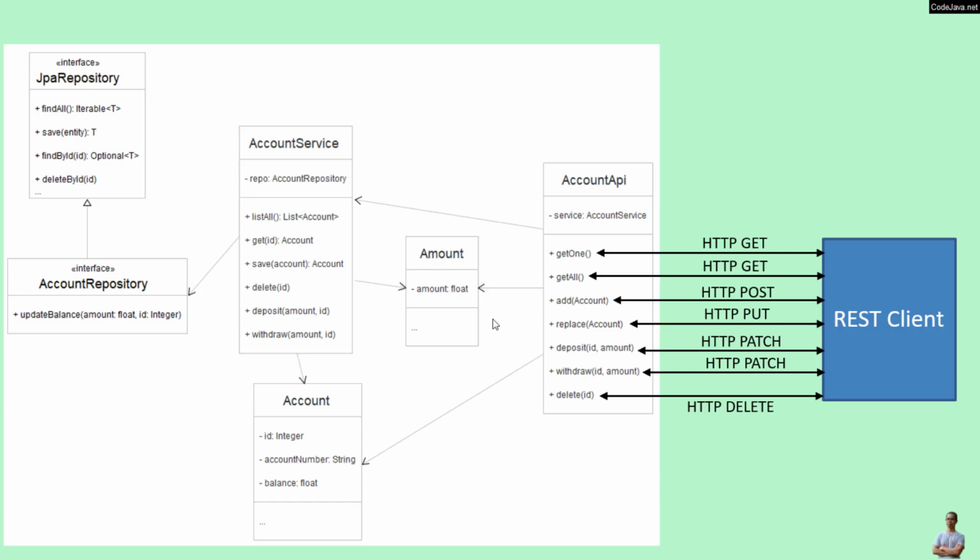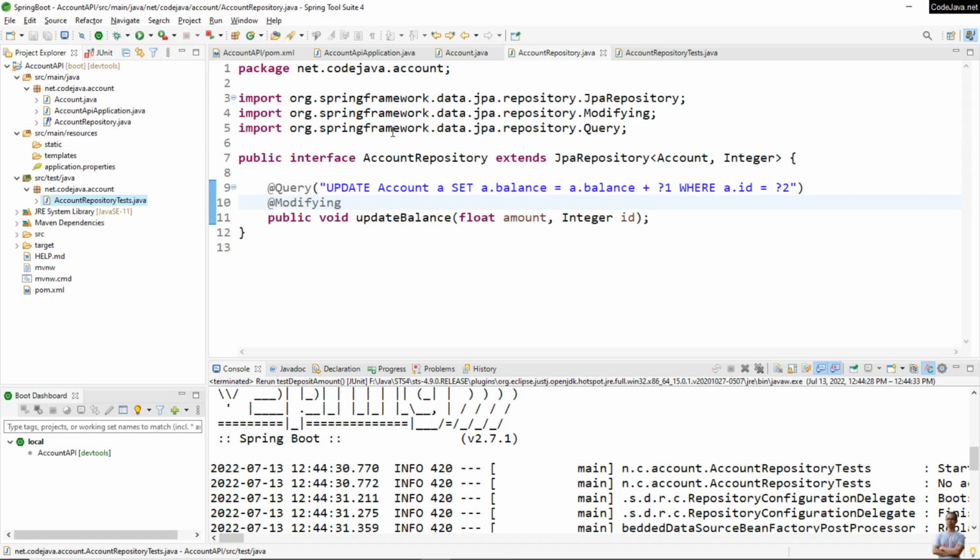And next, let's implement the business logic in the account service class for the account management, such as list, get, save, delete, deposit, withdraw. These methods will be used by the account API class. Okay, so we update the account service class.